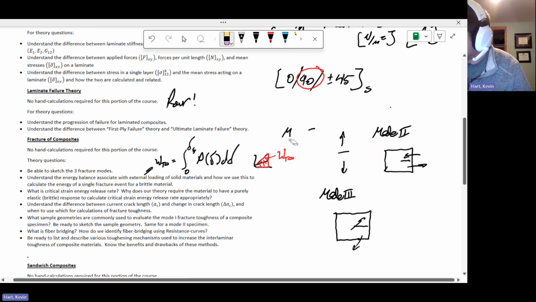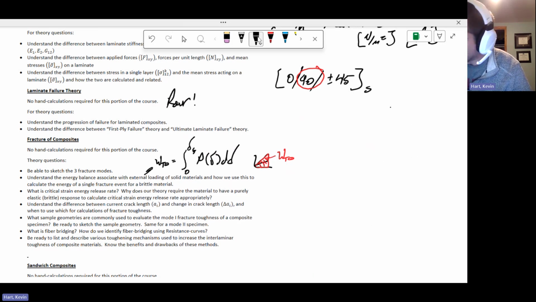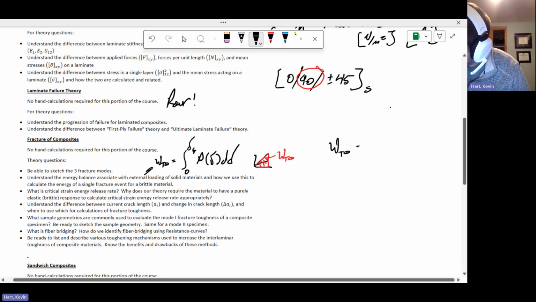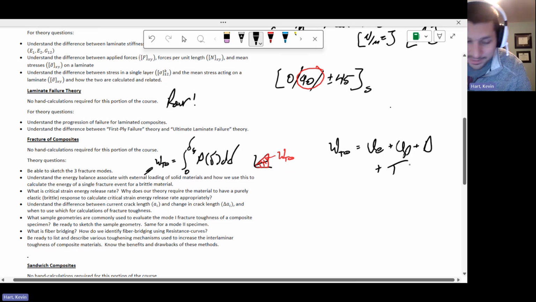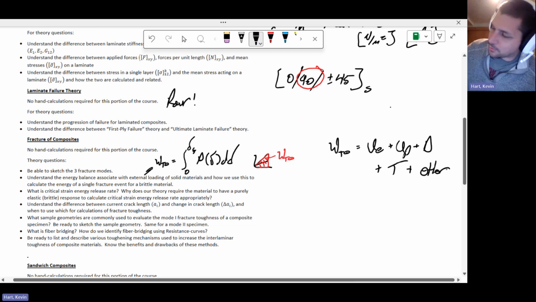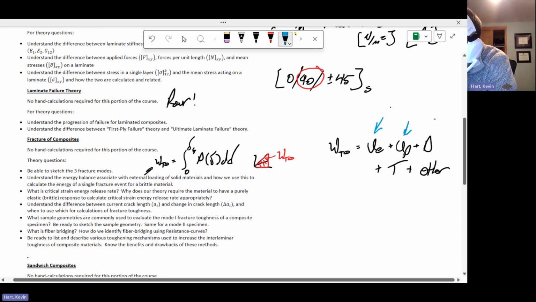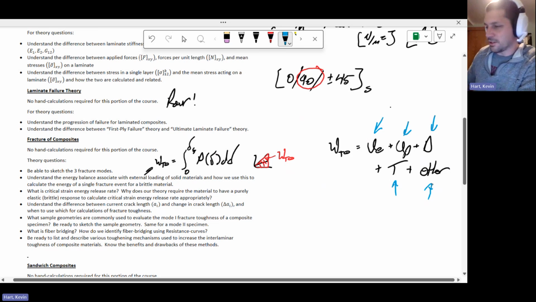It can go into motion, kinetic energy, plus other. That's what we started with: elastic energy, plastic energy, energy of fracture, kinetic energy, and the other sources we've talked about, viscous dissipation, heat, sound, and so on.